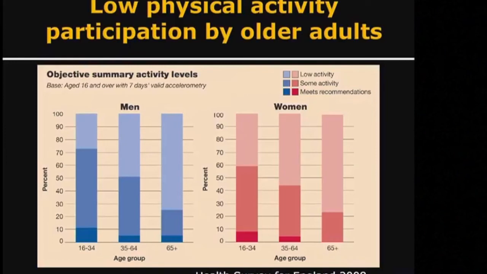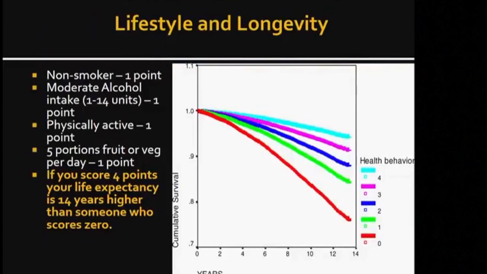So in males, it's around 5% of the over 65s are meeting it, so very low. And ladies were even worse, it's 1 to 2%. So we get more inactive as we get older.